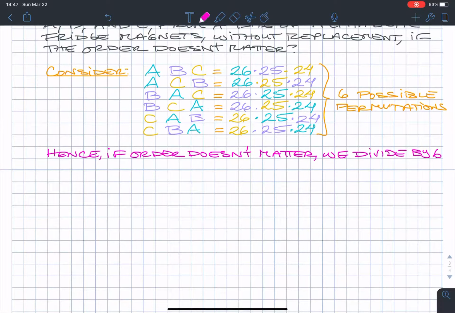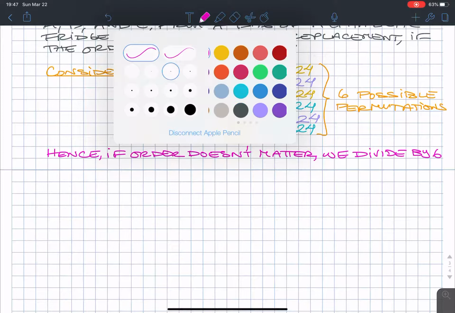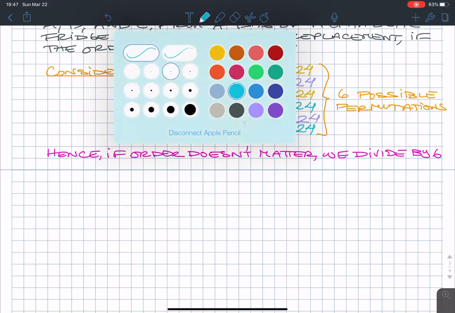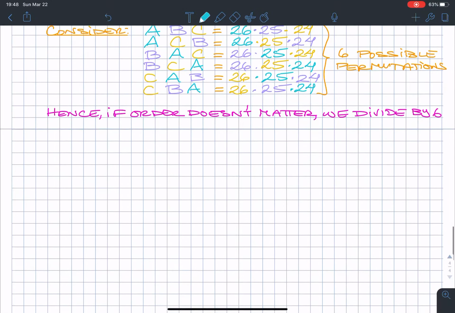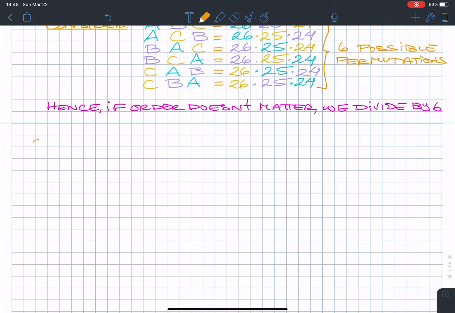Okay, so if we had n, let's say the number of possibilities n was 26 letters, right?